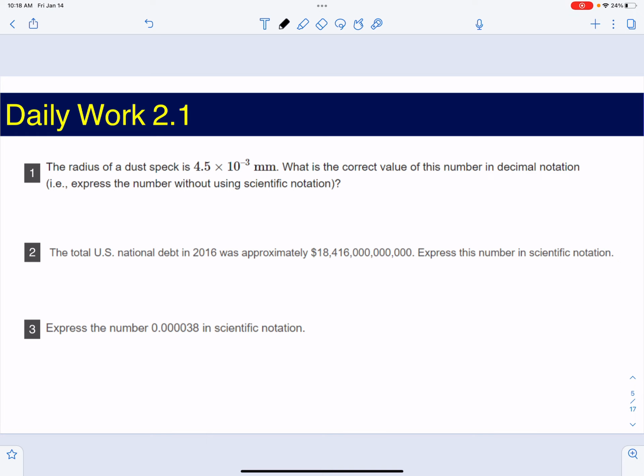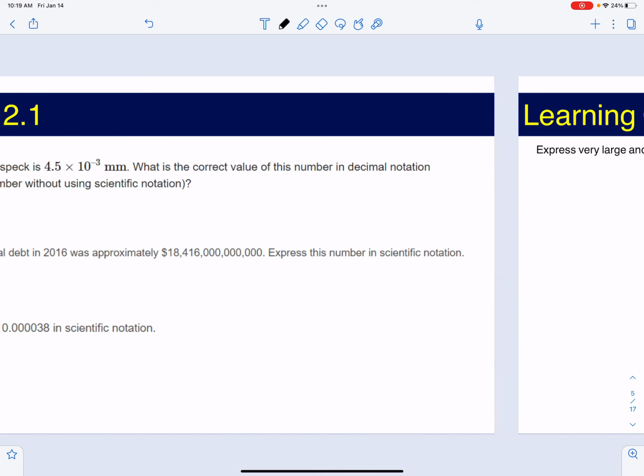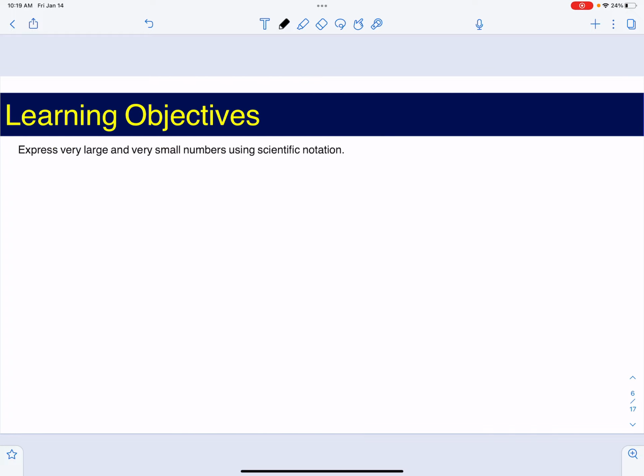You can stop this, put it on pause and do it, but I'm going to continue right now. You can do that later, or right now while you're watching it. You put it on pause and you do it, and then you listen to me again. So that finished the first learning objective: express very large and very small numbers using scientific notation. Let me know if you have any questions.